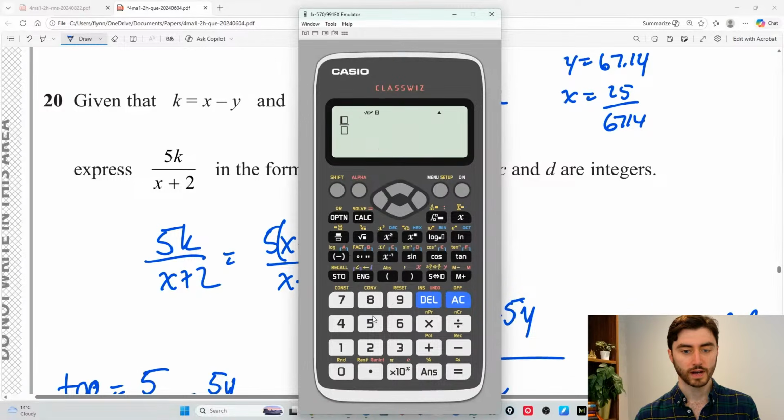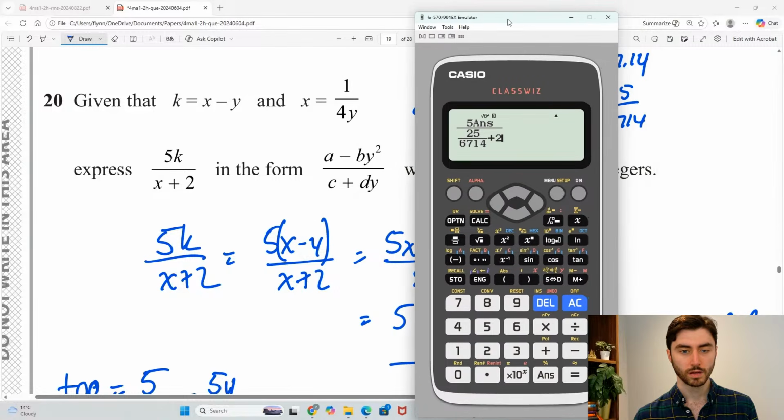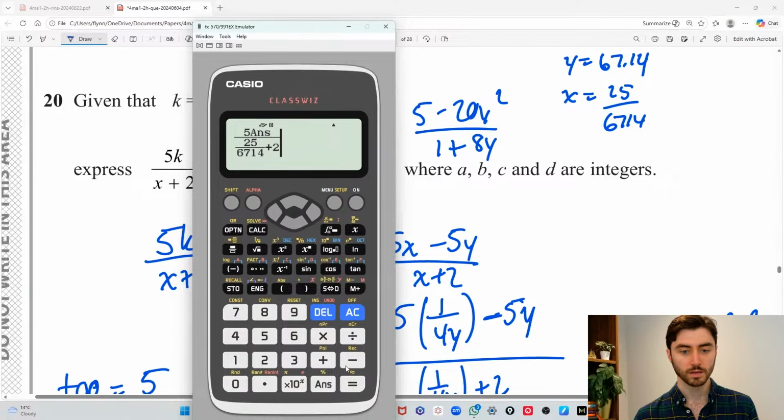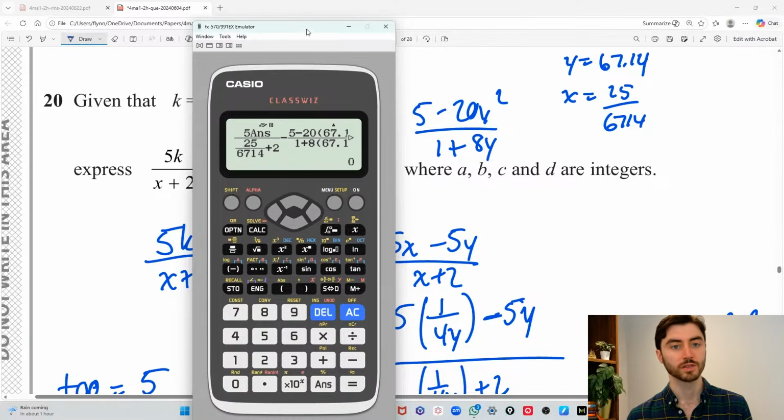And then 5k all over x plus 2 should be equal to this thing. So if I subtract this thing with y's in it, so 20 times y squared all over 1 plus 8 times y, I should get a clean 0, which I do. So this is correct.